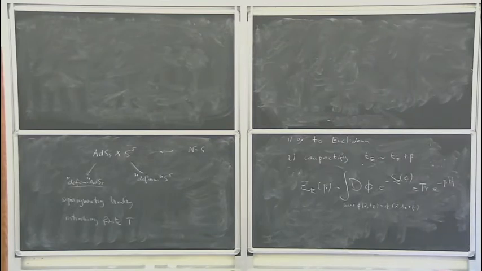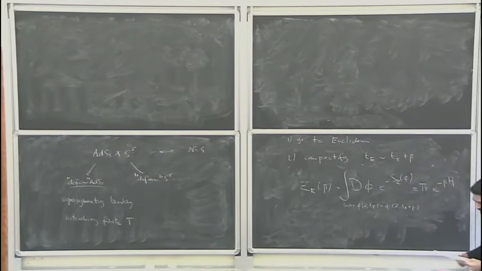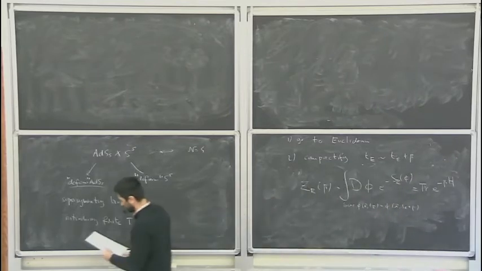Okay, so supersymmetry is broken by the temperature, as also intuitively you may imagine: introducing some temperature in a system is going to take you away from the vacuum, and therefore supersymmetry is going to be broken.